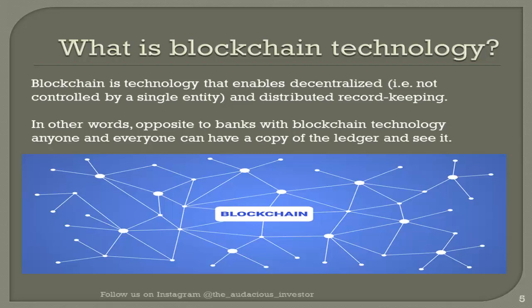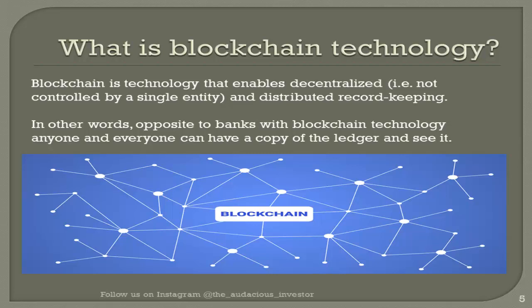In other words, it's opposite to the banks, and what the banks do, they have a centralized ledger. Blockchain technology enables a decentralized ledger which anyone and everyone can have a copy of, access, and even download.